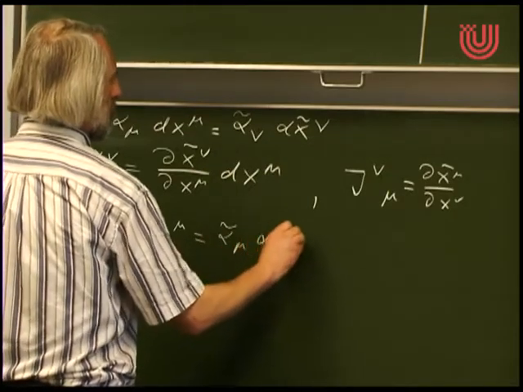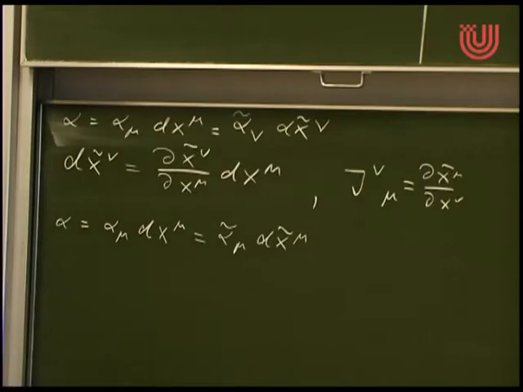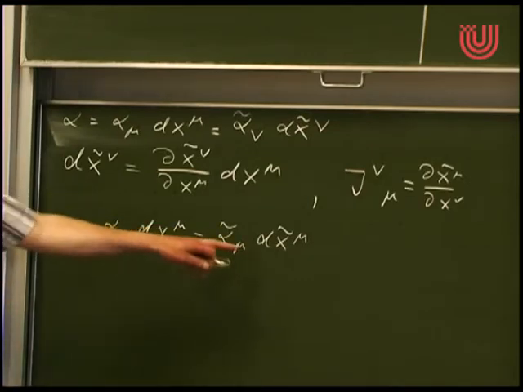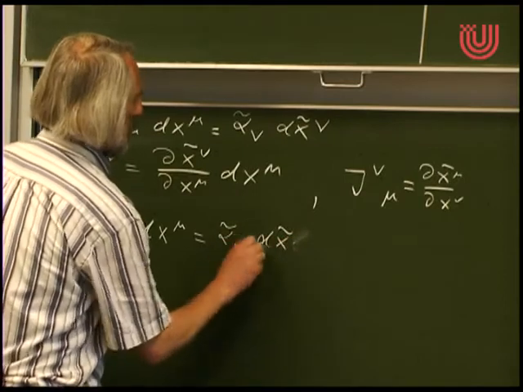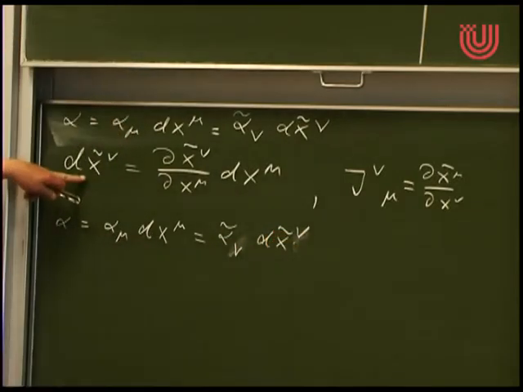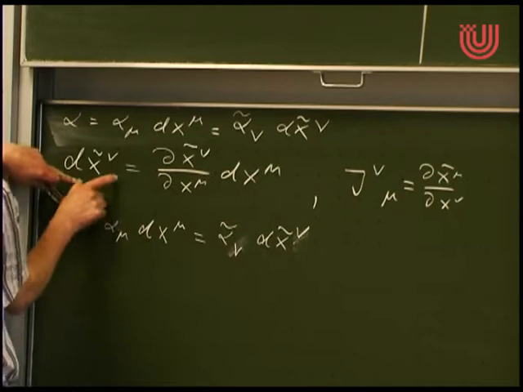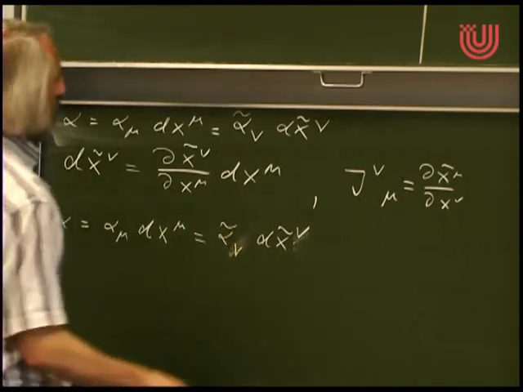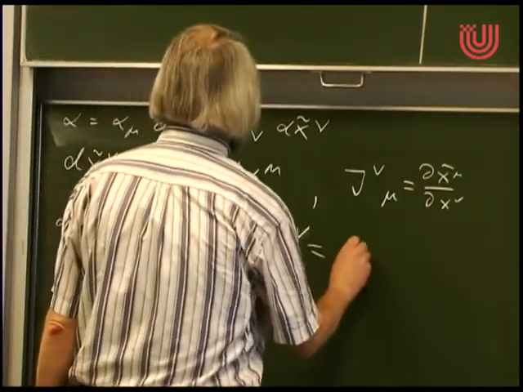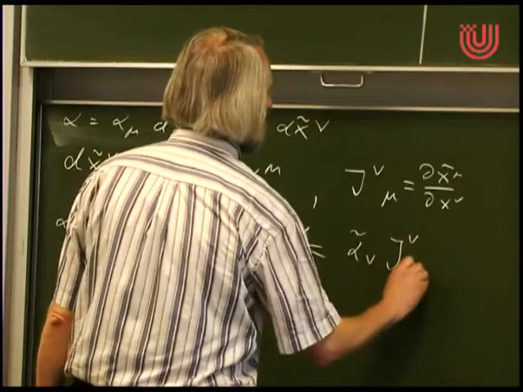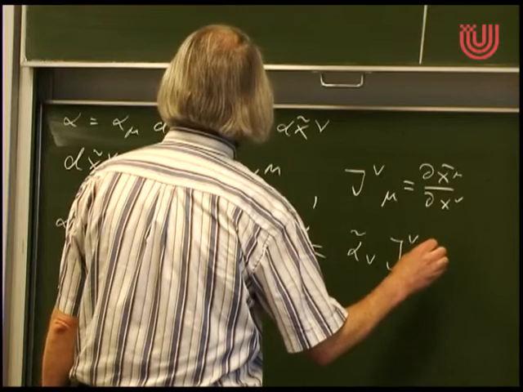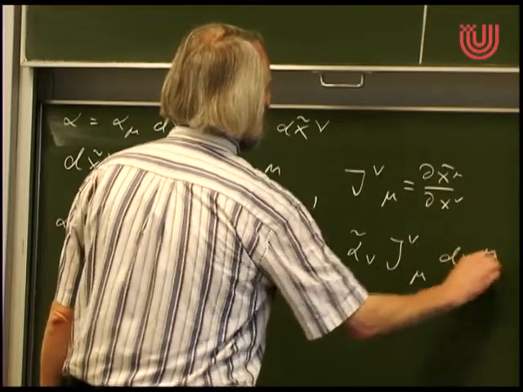You just should not have an index more than twice in one formula, but a summation index can be called as I like. Then I can directly read it off from this expression. I insert this dx mu tilde here, so I get alpha nu tilde, and then comes the Jacobi matrix, times dx mu.